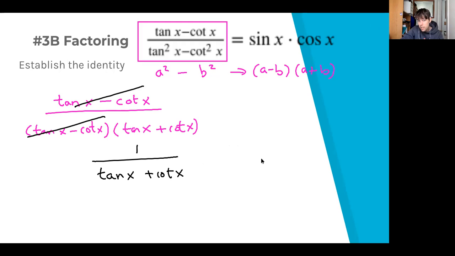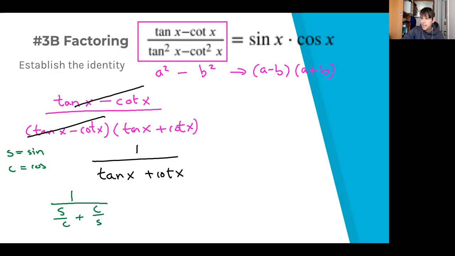What else can we do here? Well, there's a few different options to us, but I think our best bet is to go back to sine and cosine and try to put these together here. So I'm going to do a little bit of abbreviating. I'm going to make s equal to sine and c equal to cosine, just to make this look a little bit shorter. So I'm going to end up with 1 over, so tangent is sine over cosine, and cotangent is cosine over sine.